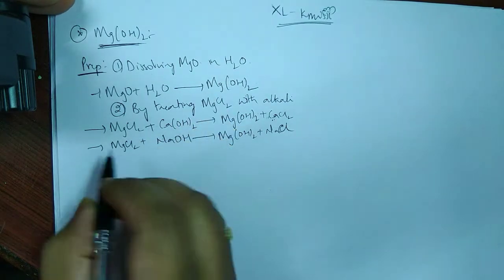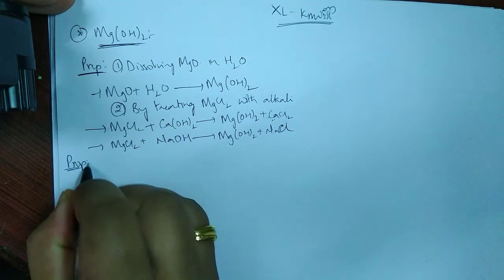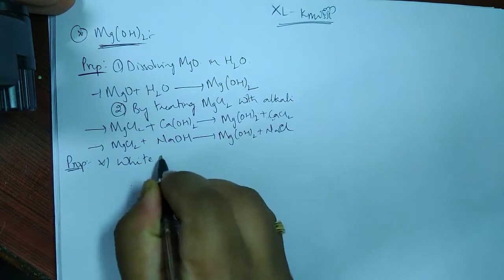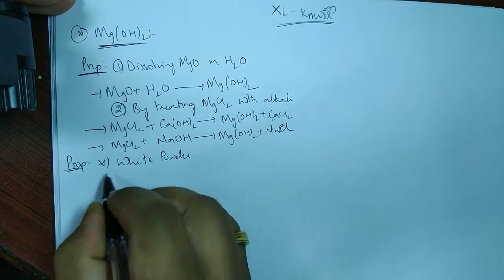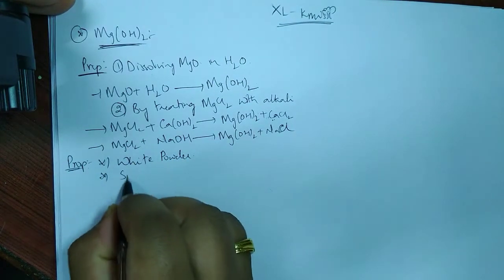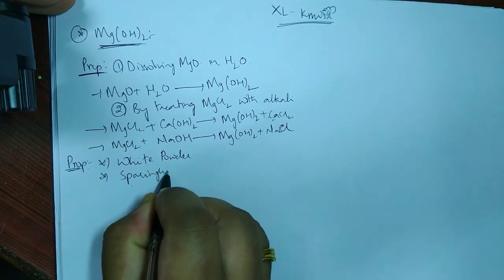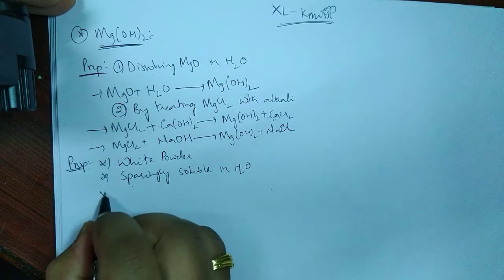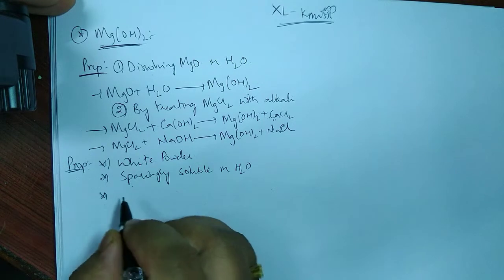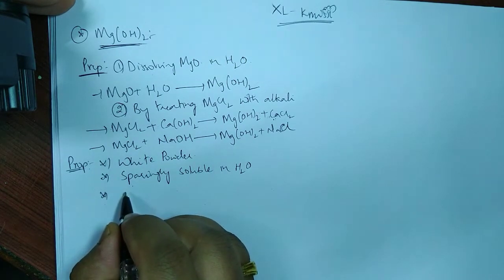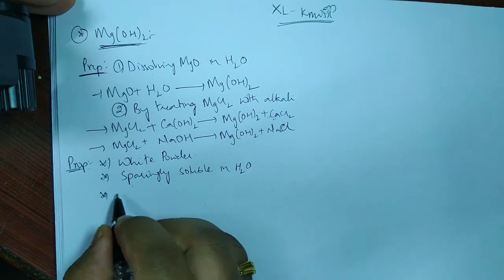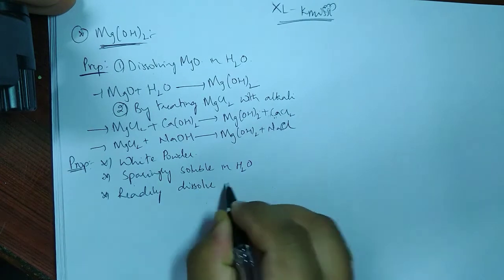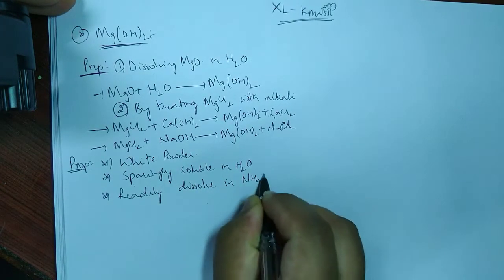Now when you talk about its properties, the properties are very familiar ones. Number one, it is a white powder, and it is sparingly soluble in water. In terms of solubility we can also say one more point: it readily dissolves in ammonium chloride solution.